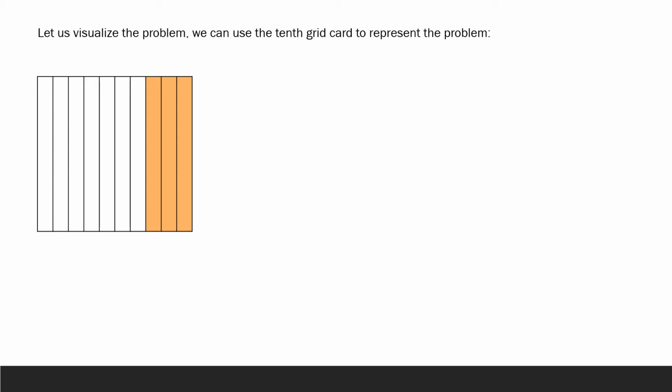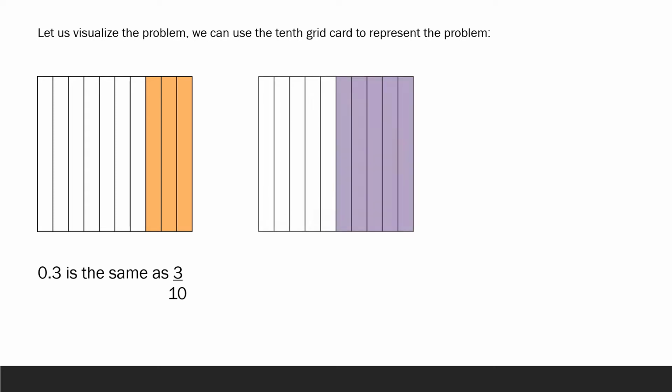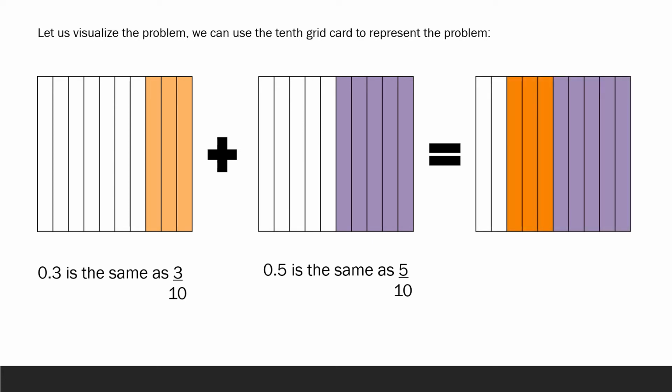Ganyan natin isinusulat ang decimals into fraction. Then, we have 5/10, so 5 shaded parts out of 10. Then, let's add. So, 3/10 plus 5/10 equals 8/10. Or, as a number sentence, 3/10 plus 5/10 equals 8/10.